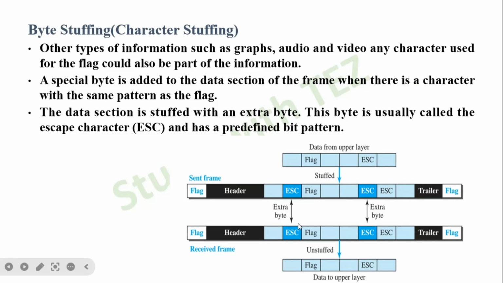While unstuffing, when we come across this escape byte, we remove it and consider what follows as regular data and not the flag. Similarly here also we remove this, and the next is not taken as a special bit pattern, instead it is taken as part of data only, and the unstuffed data looks like whatever we had sent. So this is how byte stuffing works.